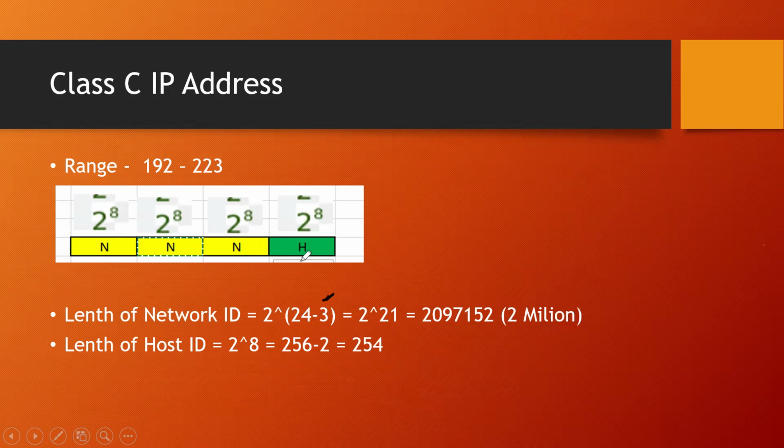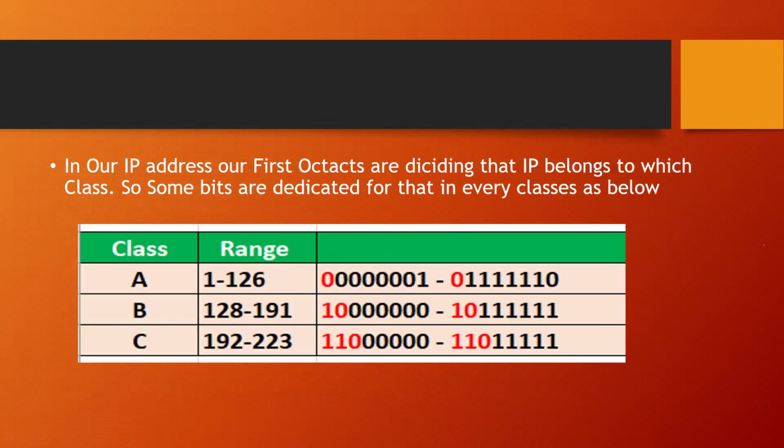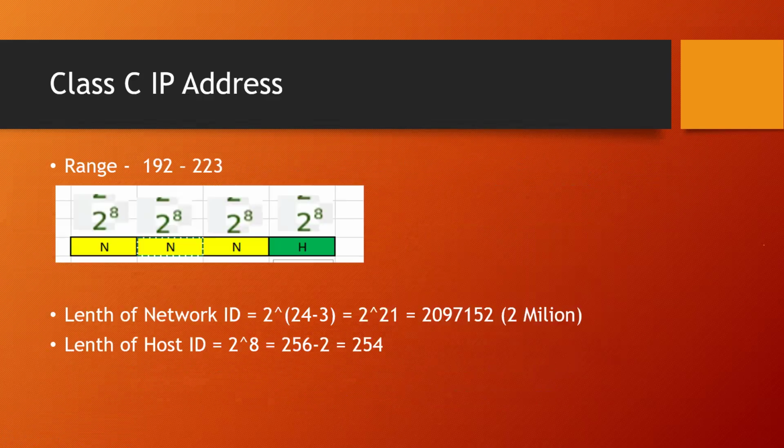Why are we giving minus 3? Because in class C, 3 bits are used for identifying this class C IP address, that is 110. So we subtract 3 from 24, which is 21.